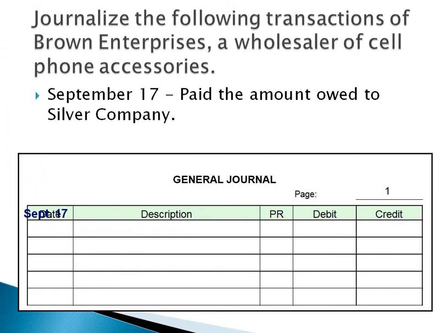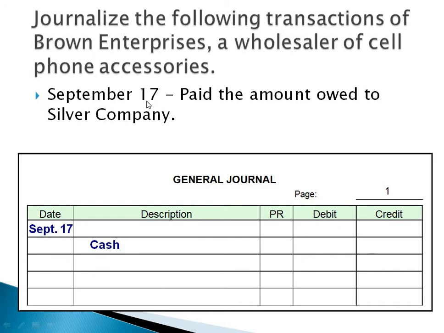September 17. Paid the amount owed to Silver Company. Again, from the word paid, cash decreased. To decrease, credit cash. Why did the business pay cash? Did Brown purchase goods from Silver on this date, September 17?